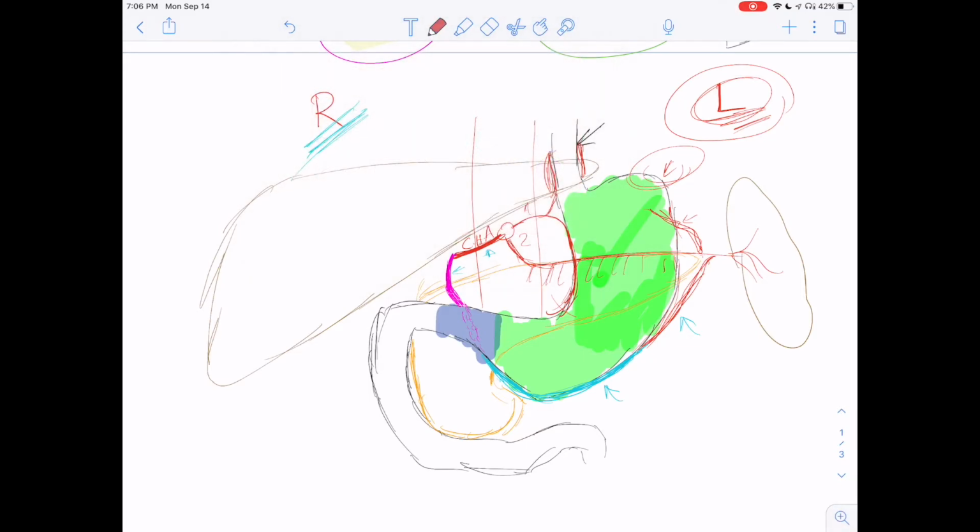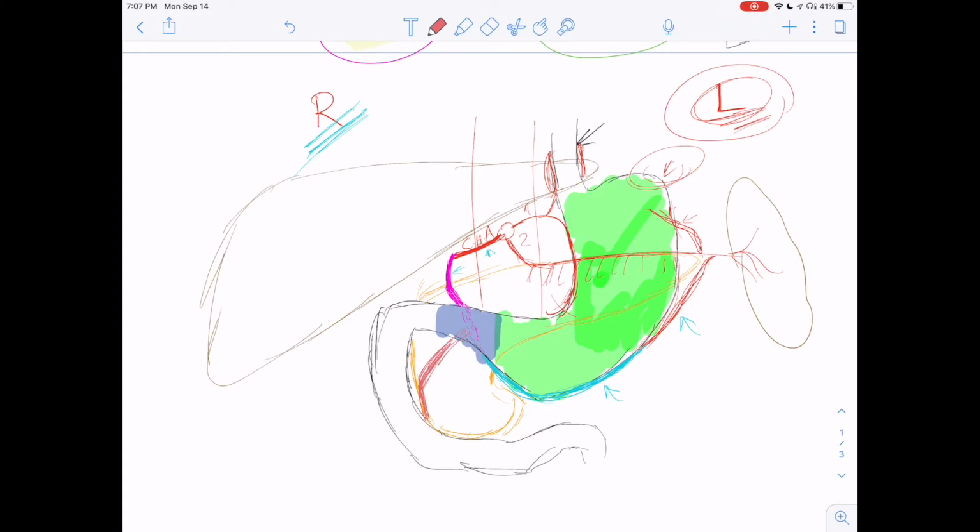Now let's have some more branches while we can. So this gastroduodenal, we're gonna have another branch off of here, right? So this is this part of it again. So I'm gonna have another branch in here behind the duodenum. It's gonna go and have some branches here.